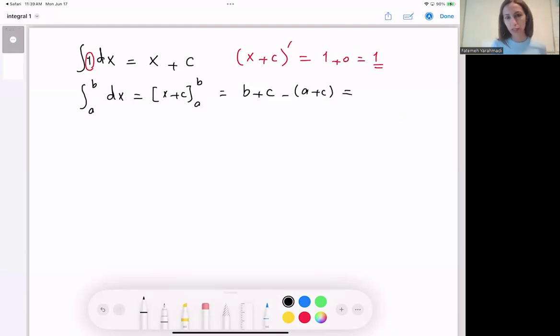So if you distribute the negative sign into the parentheses, you get b plus c minus a minus c, and as you can see, the constant of integration disappears, all right? So you get b minus a as the result of this definite integral.